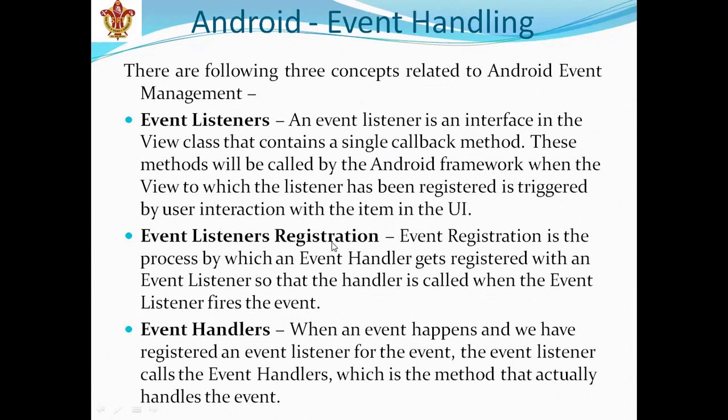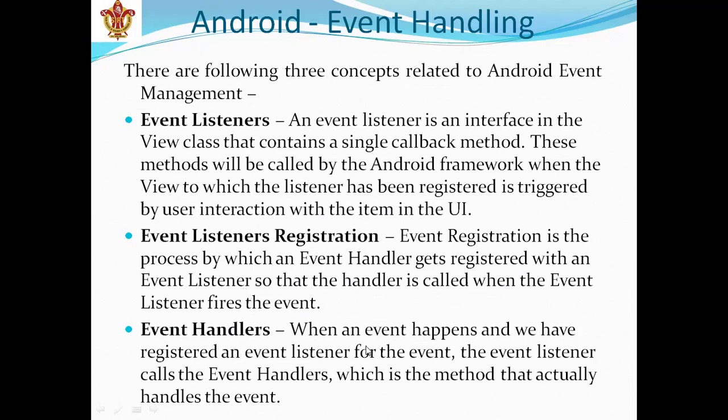Next is the event listener registration. Event registration is the process by which an event handler gets registered with an event listener so that the handler is called when the event listener fires the event. So by the definition, we can understand it properly.